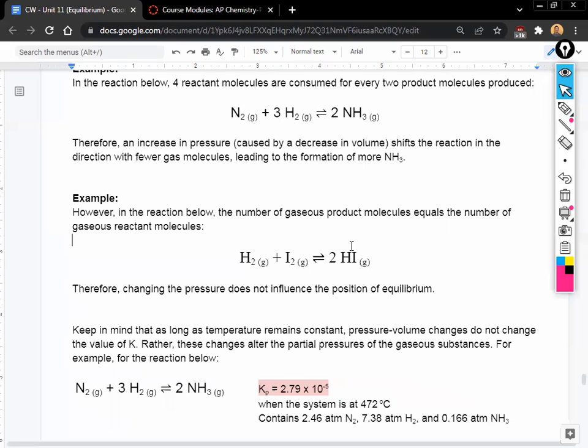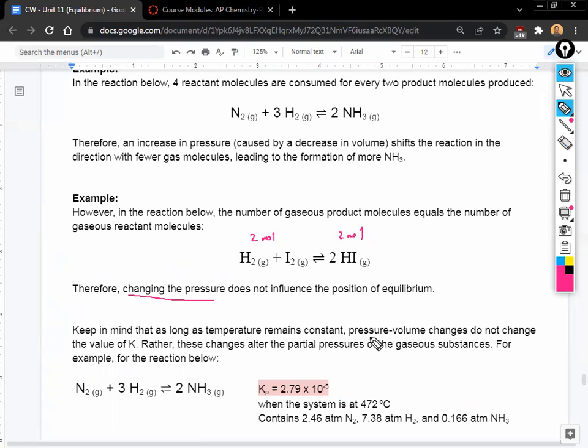But let's look at an example where we have the same number of moles of gas on the left and right. We have one right here. If you notice here, there are 2 moles of gas on the left side and 2 moles of gas on the right side. If that is the case, changing the pressure does not affect the equilibrium.